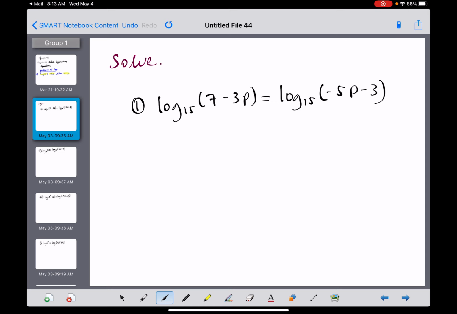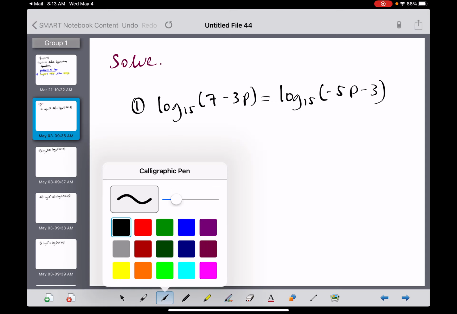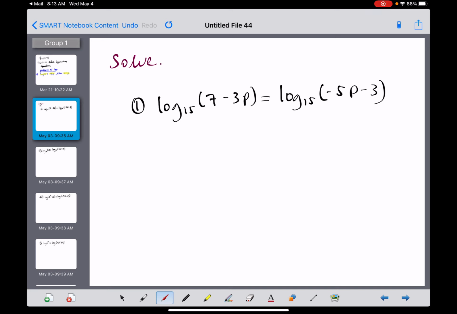So in these problems right here, we have a log equal to a log, so what you're allowed to do is pretty much cancel the logs out and then bring down these items, which is 7 minus 3p equal to negative 5p minus 3. And then you solve for p. So right here I'm going to add 5p to both sides.